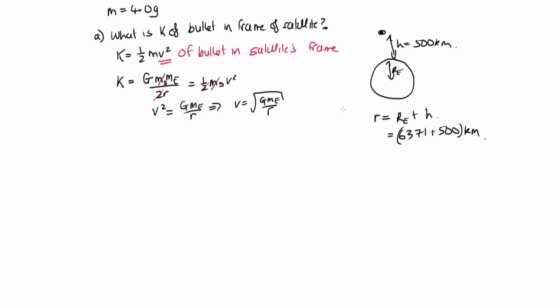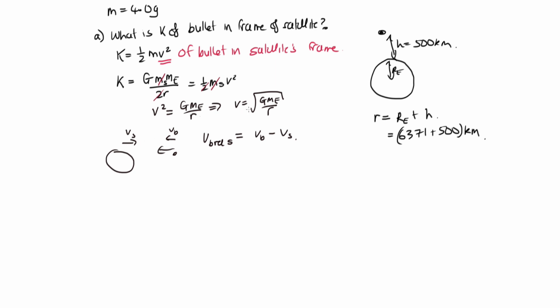Okay, now the speed in the satellite's reference frame, it is at rest and it has the bullet traveling towards it. The velocity of the bullet relative to the satellite is equal to the velocity of the bullet minus the velocity of the satellite. And in this case, the satellite is going this way with some velocity, and the bullet is going this way with some velocity, same speed, but in opposite directions.